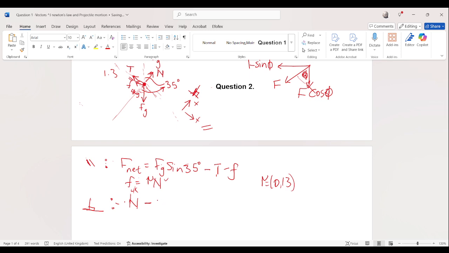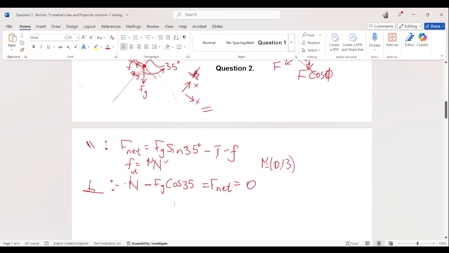Normal force minus Fg cos of 35 is given by F net, which equals 0.